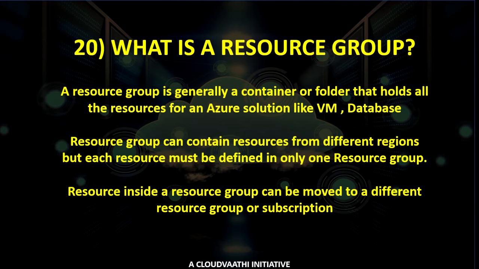Now if you want to promote the same VM to a QA or prod environment, we will move these resources completely from one subscription to another. In all these portability cases, if we have the resources individually without a common resource group, it would be very difficult. We may miss out any one of the components, so we will not be able to replicate the same resource in another region or subscription.